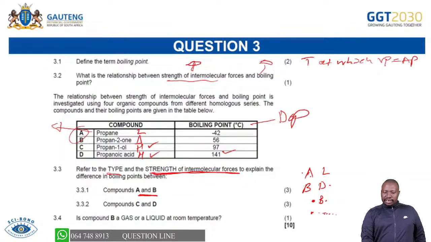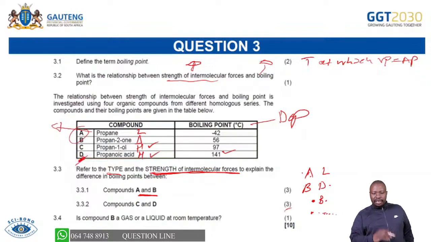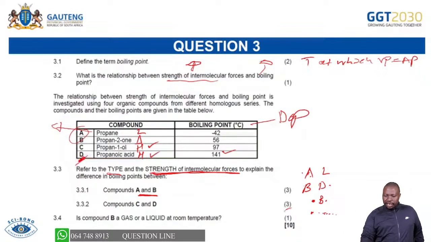So you're able to say D has two sides of hydrogen bonds, so D has stronger intermolecular forces than C. And you will say more energy: as long as you have strong intermolecular forces, more energy will be required to overcome intermolecular forces in D. Just look at that, you are having 3 marks again there in bullet form.